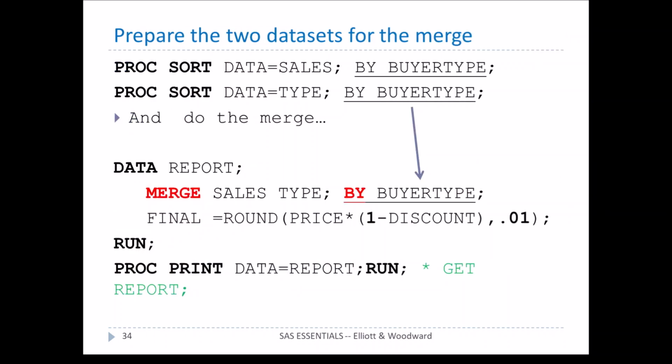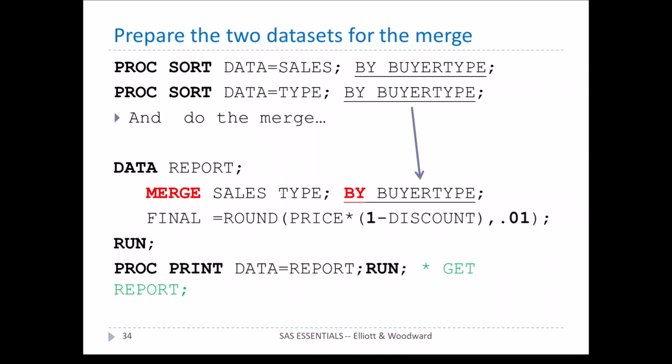Now, we're going to sort both of these data sets by buyer type, as we need to do before we do a merge. And then we create a new data set called report, where we're going to merge sales and type by buyer type. And just like we did in the previous example, we're going to use this opportunity to create some new variables, in this case a variable called final.